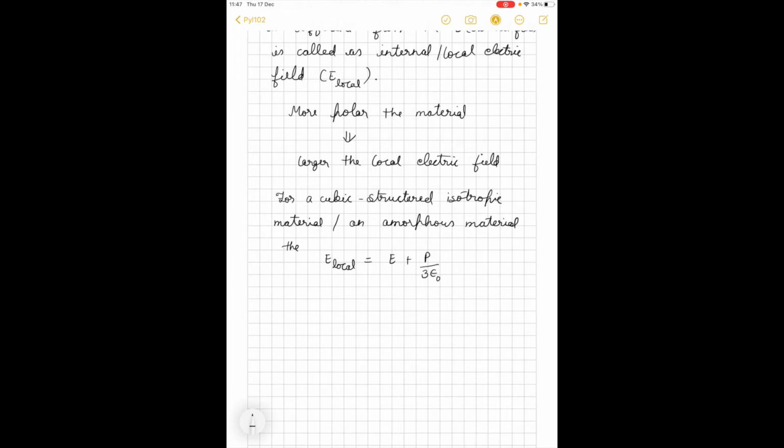Okay, so this formula we will derive in the assignment. This formula is actually called the local field approximation.